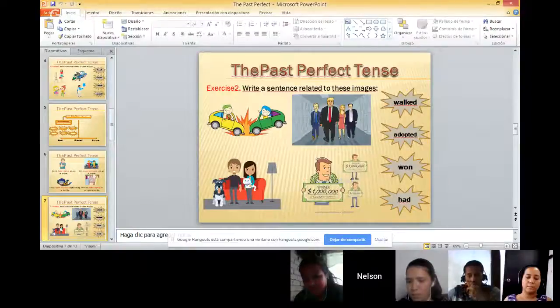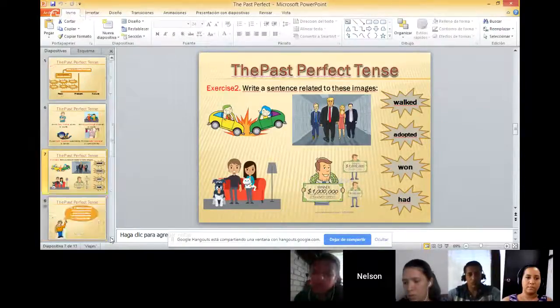Next, Gina hadn't adopted cats or dogs. And for the last one, Mike hadn't won the lottery. So what I did is matching the verbs with the actions, something similar to the exercise you did. Well, no major problems in this.